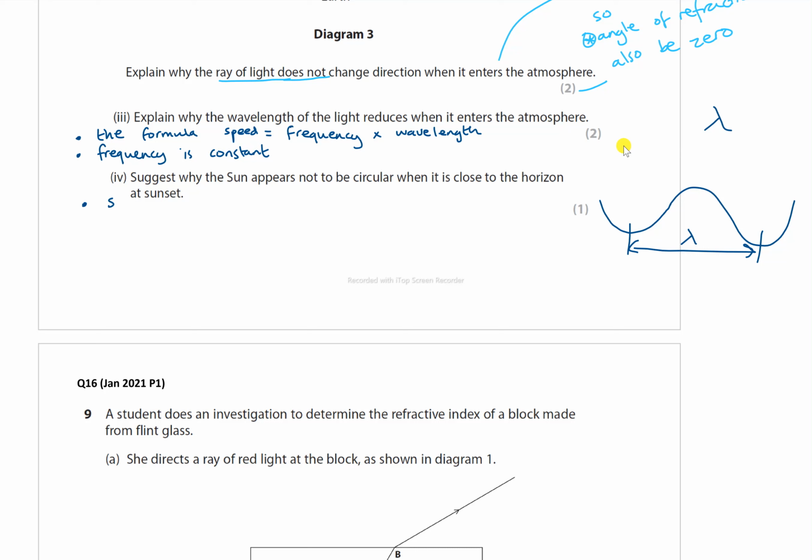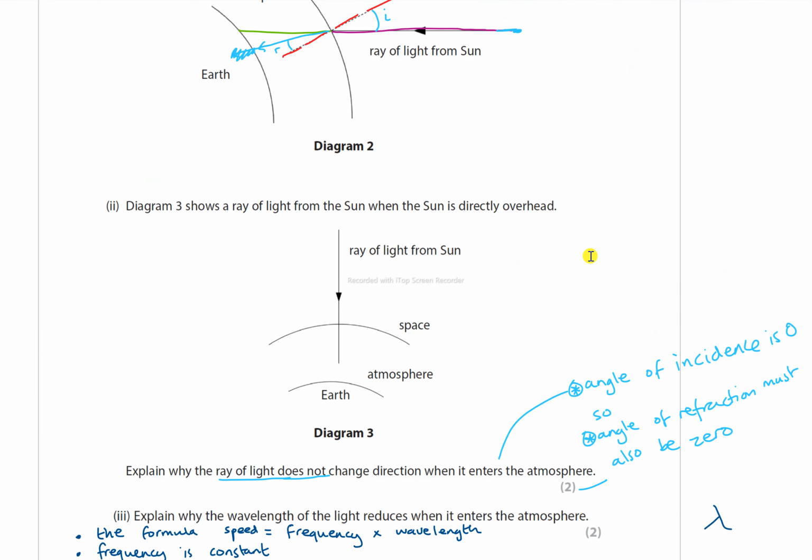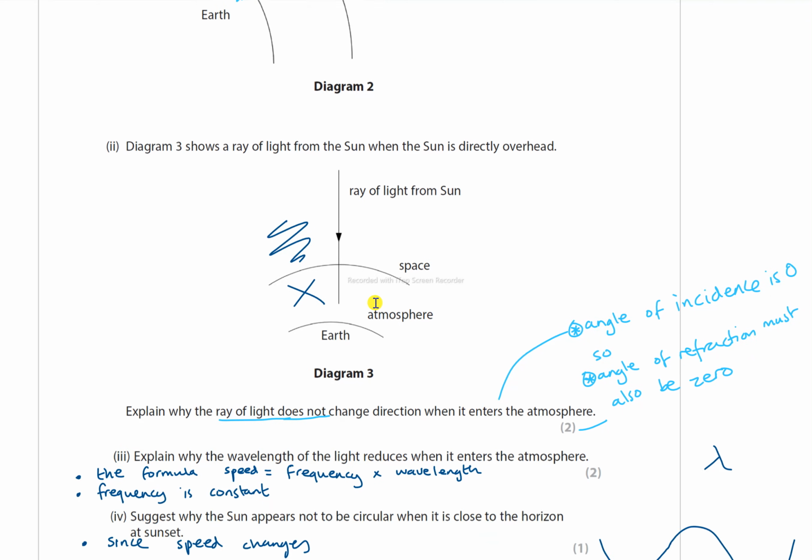So since speed changes as you go from one medium to a different medium, they've got different density, so speed's going to alter.